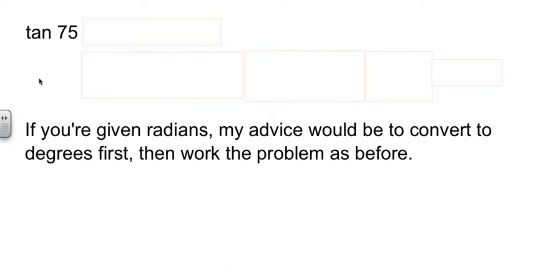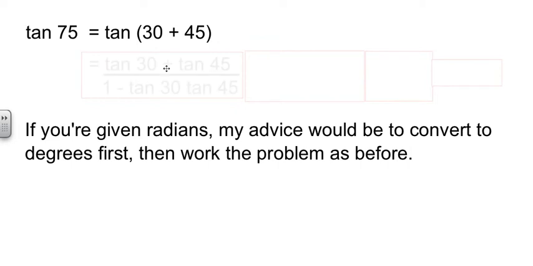Let's tangle with another one. Tangent of 75 degrees. I just left the degree sign off. Well, 75, we said, is 30 plus 45. We have the tangent of a sum formula. It's the third formula back on the first slide.